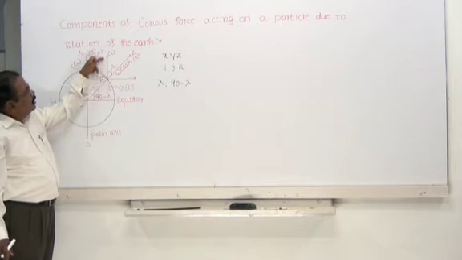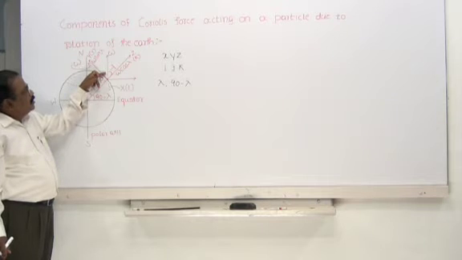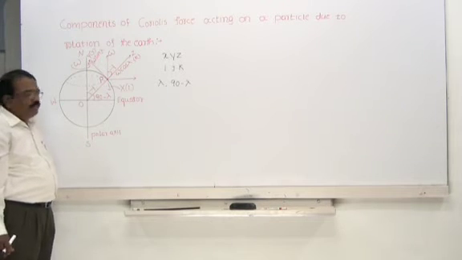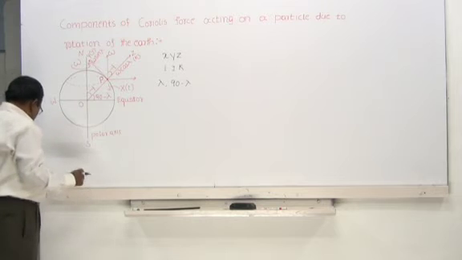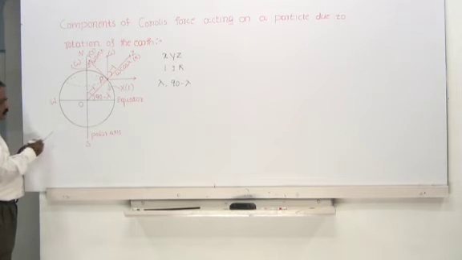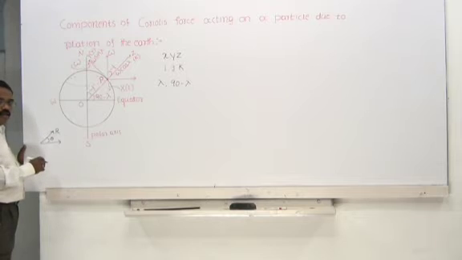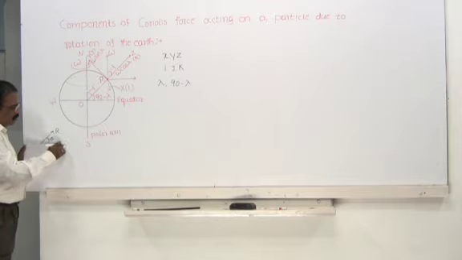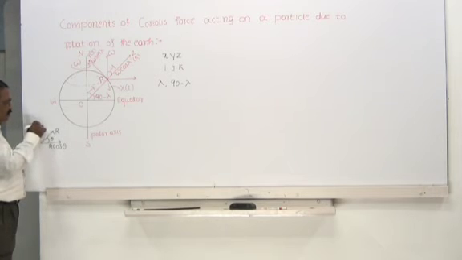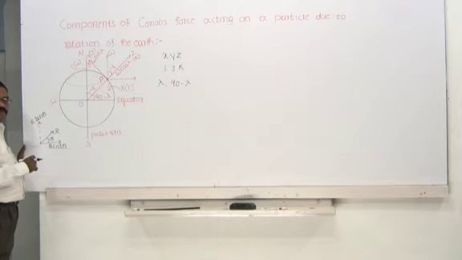Then this omega can be resolved into two components. You know that if this is R along the horizontal direction, and this is your angle theta, it is R cos theta. Similarly, this side is R sin theta.